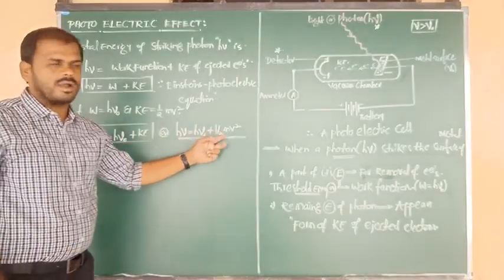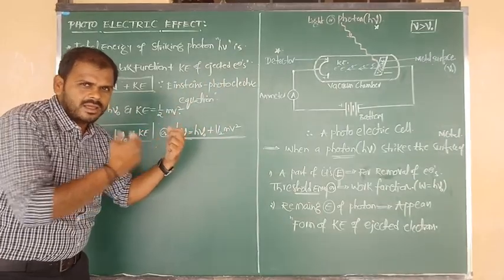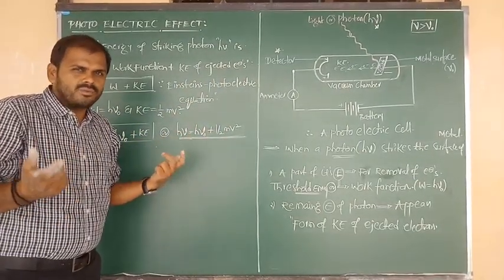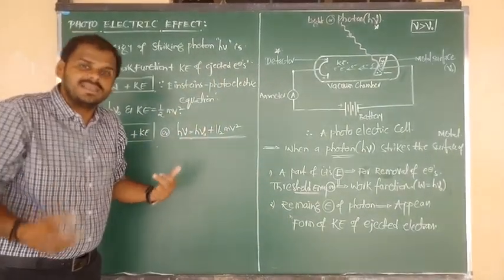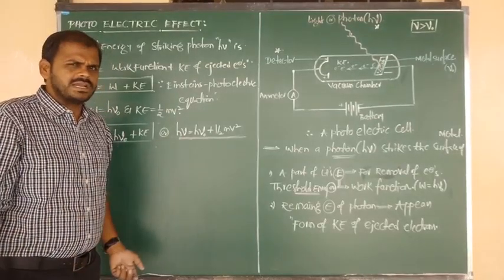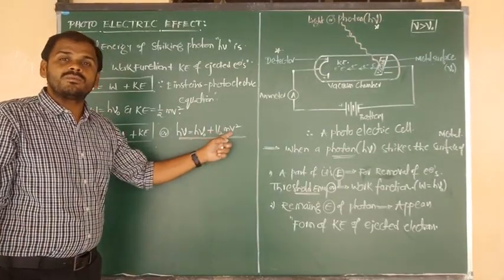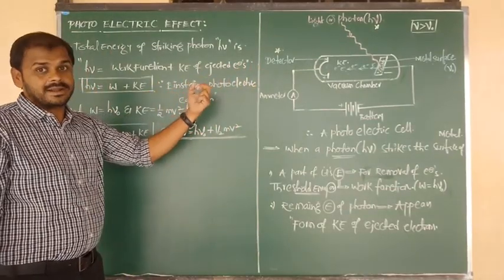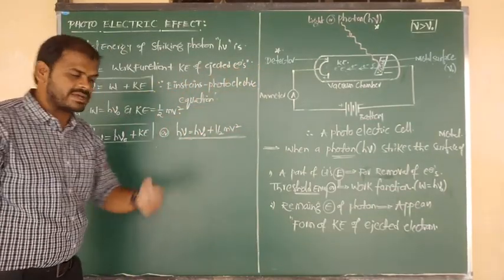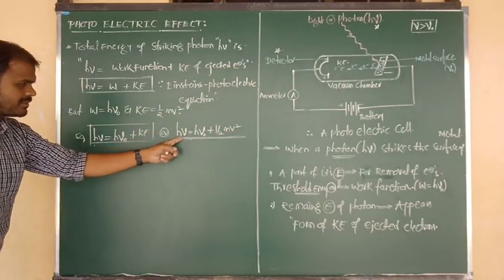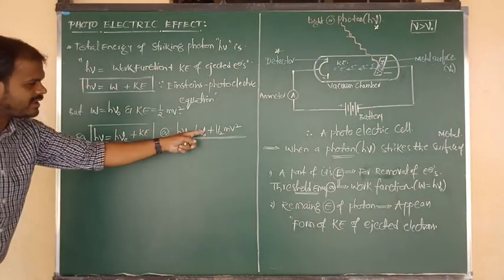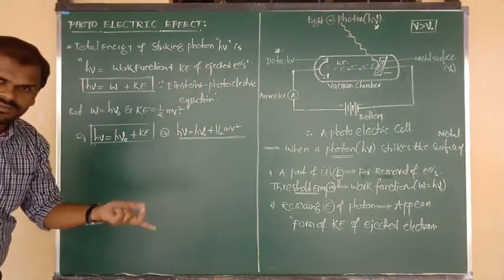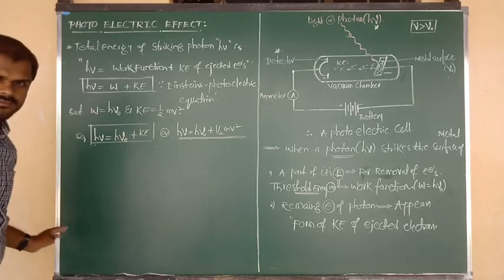M is the mass of the ejected electron, and that value you know, 9.1 into 10 to the power of minus 31 kg, a constant value. And v is the velocity of the released electron, or ejected electron, coming from the metal surface. Nu is the incident light frequency, nu naught is the metal frequency. Every data you know very well.